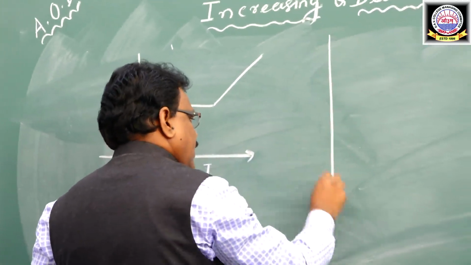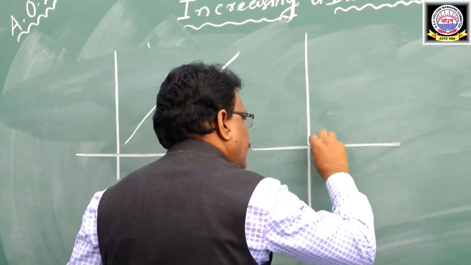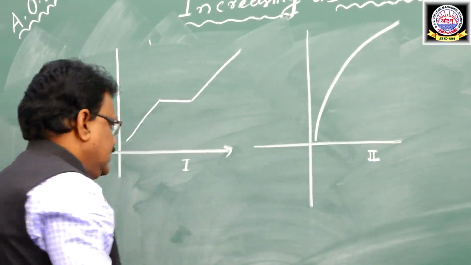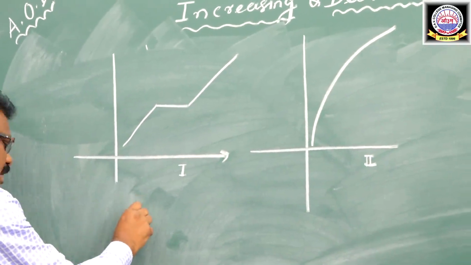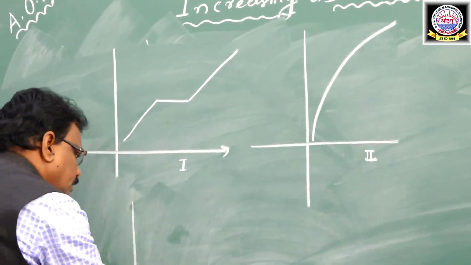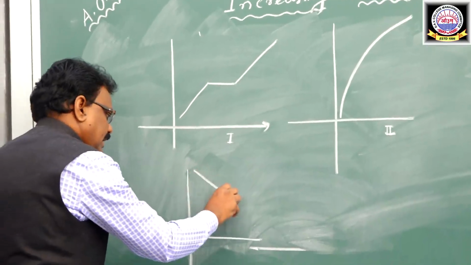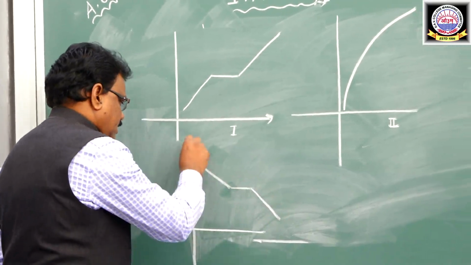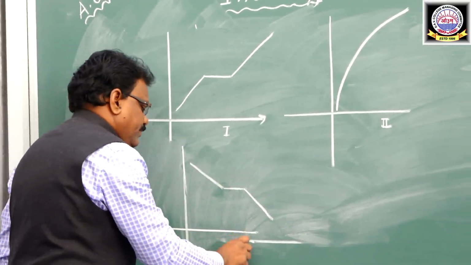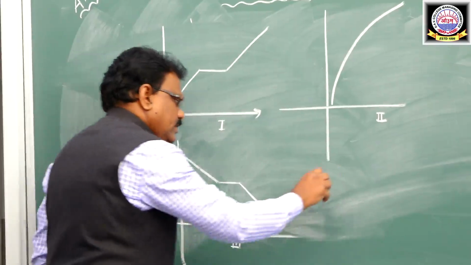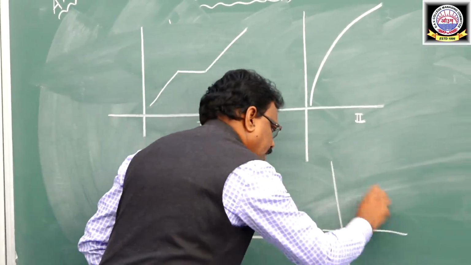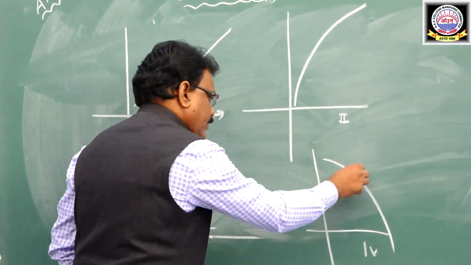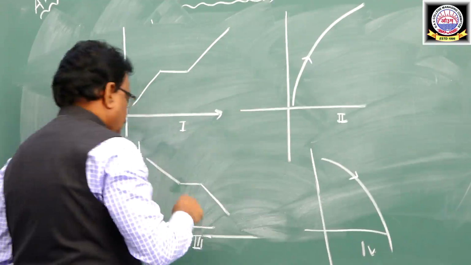And I am taking another, this is graph 2. Similarly, I am drawing another graph here, like this. This is graph 3, the third graph. Similarly, this is graph 4.